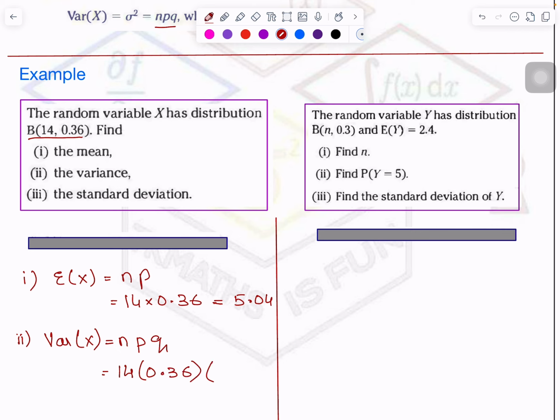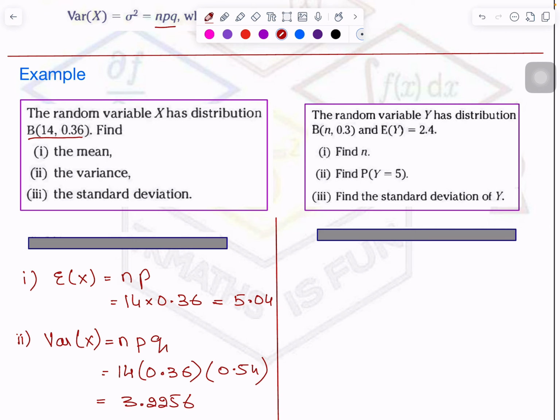And what is 1 minus 0.36? 0.54. So let's multiply all these. So it is 3.2256.